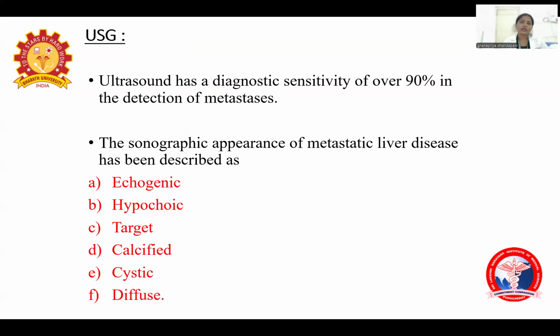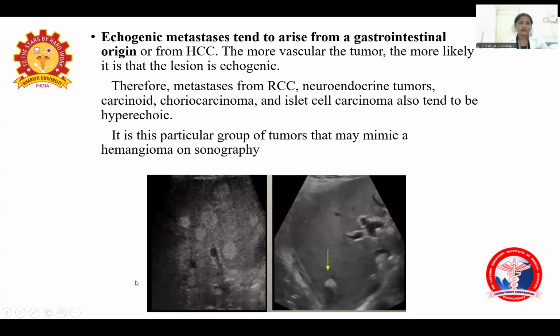Ultrasound has a diagnostic sensitivity of 90% in detection of metastasis. The sonographic appearance of liver metastases may be echogenic or hypoechoic, target appearance, calcified appearance, cystic, or diffuse. Echogenic or hyperechoic metastases usually arise from a gastrointestinal cell of origin.